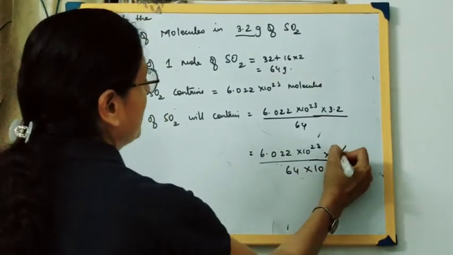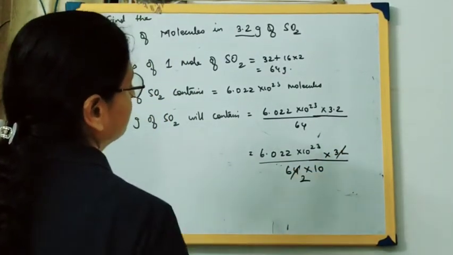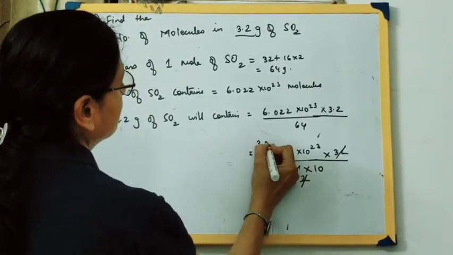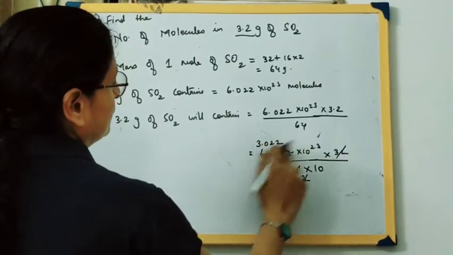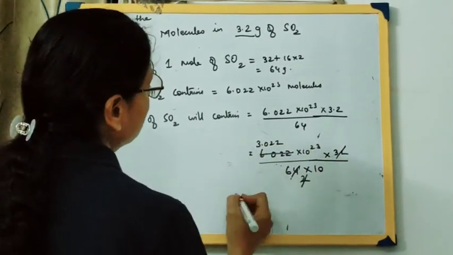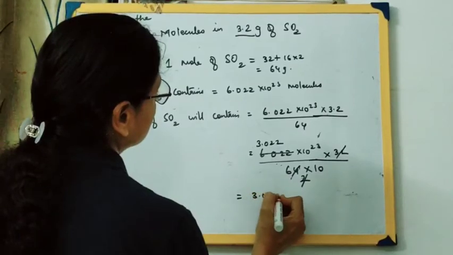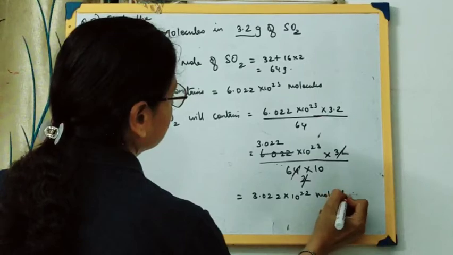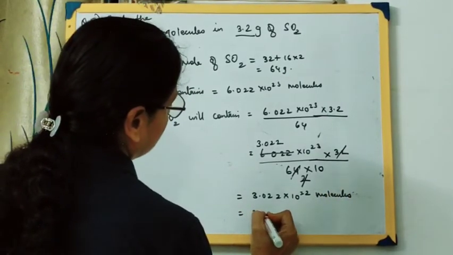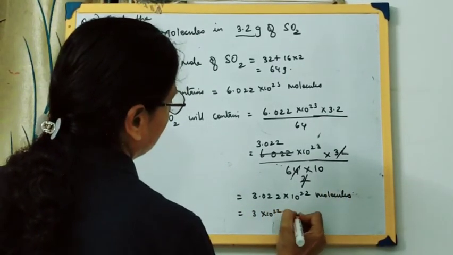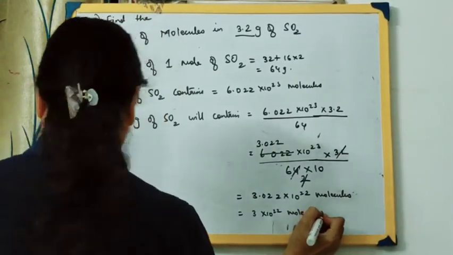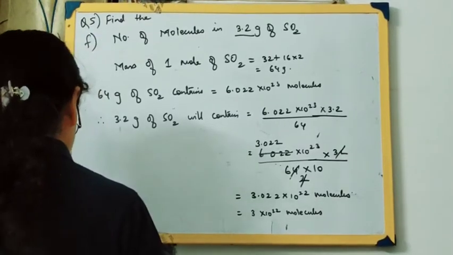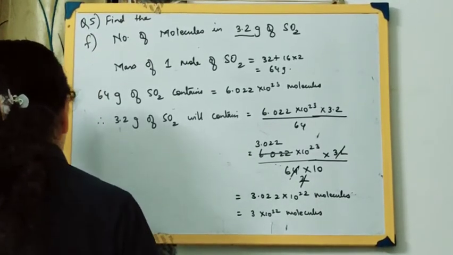So this is 1 by 2, and 2 ones are 2, 2 threes are 6. So when this 10 comes up, that will be 3.022 into 10 to the power 22 molecules, or that is 3 into 10 to the power 22 molecules. Clear everyone? So this is your second method, and the numerical can be solved in both these ways.